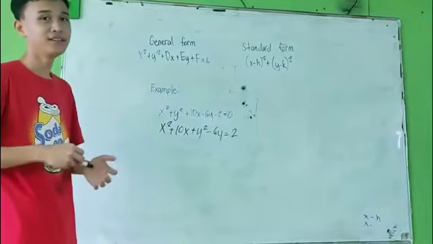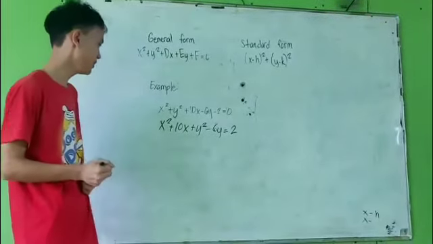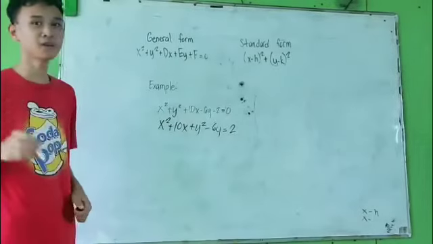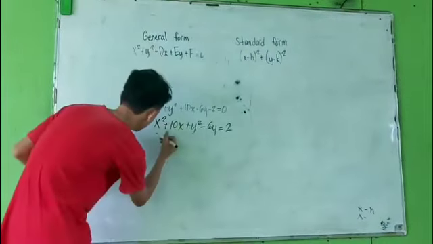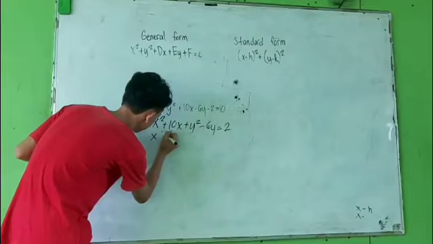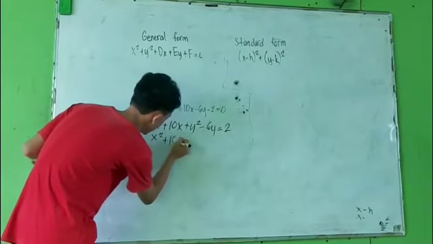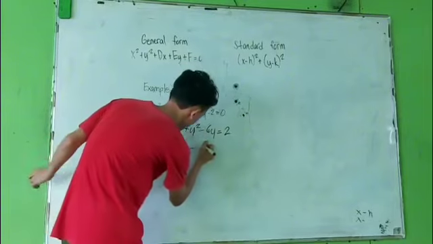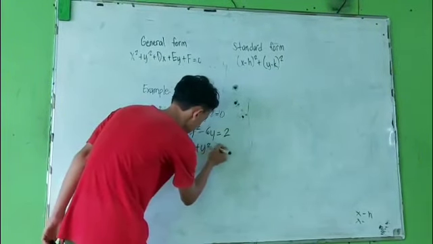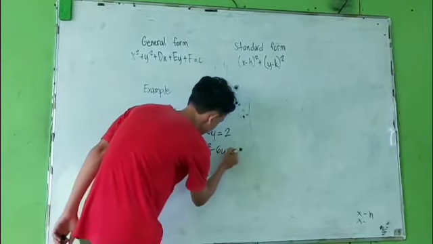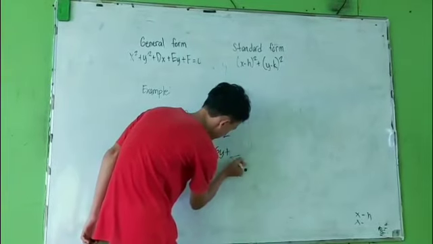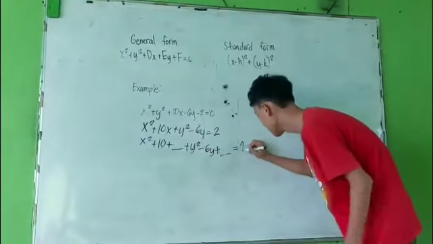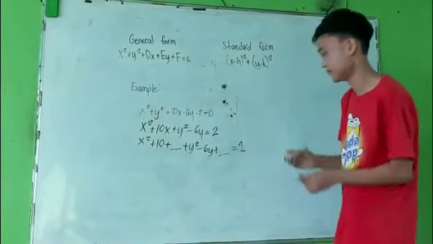Alright? And the next step, we're gonna use the method of completing the square. So we have here x squared plus 10x plus y squared minus 6y equals.